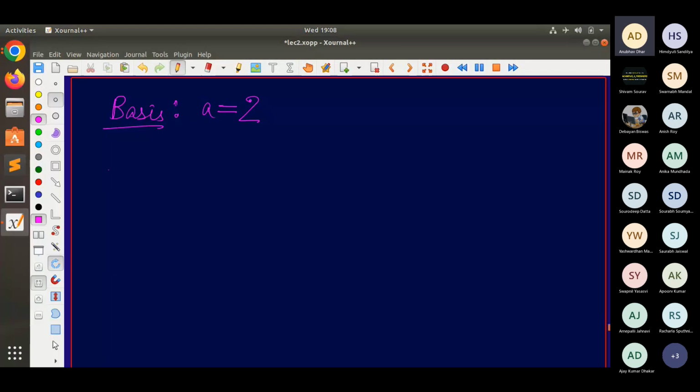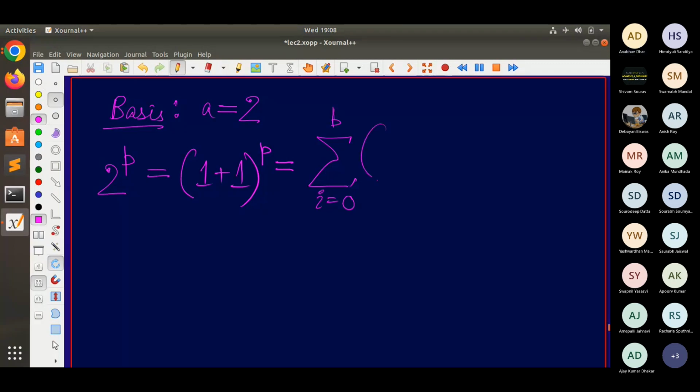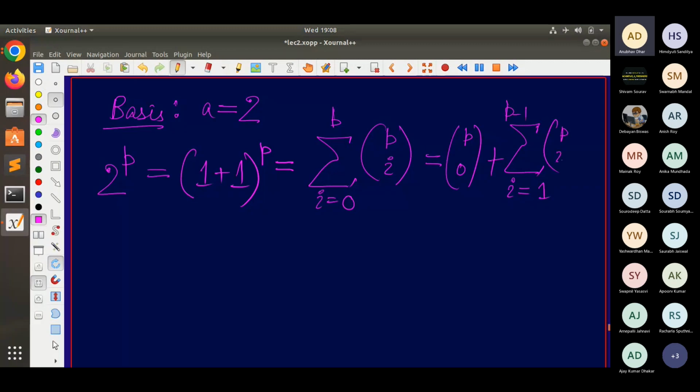So for a equal to 2, you can actually do something like 2 to the power p is equal to (1 plus 1) to the power p, which is equal to the summation of p choose i, let's start from 0 to p itself, which is equal to p choose 0 plus the sum over i equal to 1 to p minus 1 of p choose i plus p choose p.